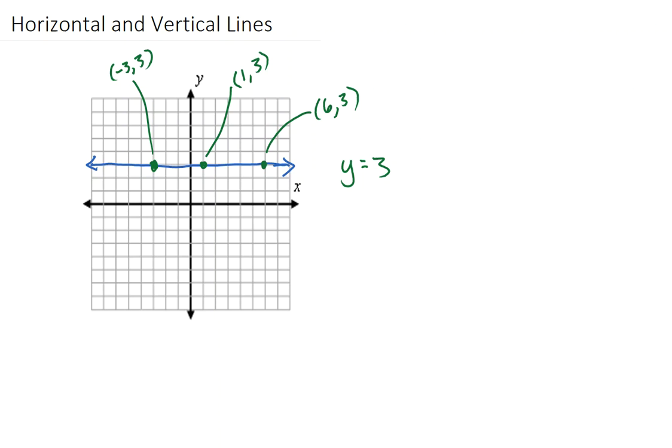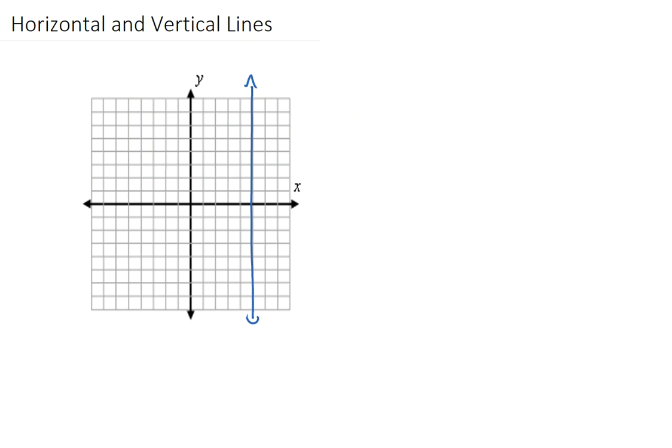When we look at vertical lines, we see something very similar, but it's the x that is stuck. Let's say I have this vertical line, and I bold in a few points here, just arbitrarily. This point corresponds to the ordered pair 5, 4.